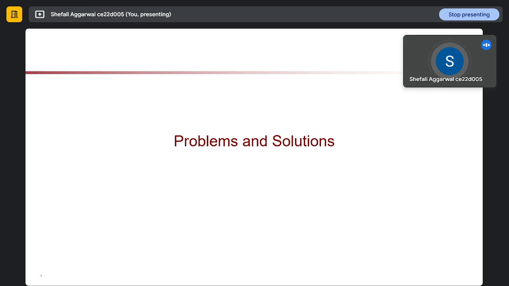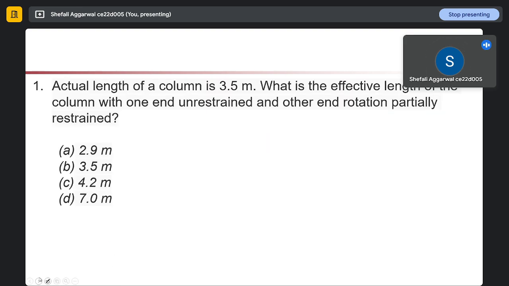We go to the first problem. The actual length of the column is 3.5 meters. What is the effective length of the column with one end unrestrained and the other end rotation partially restrained? We discussed effective length, that L effective is equal to K into L, the total length. The total length is given as 3.5 meters.